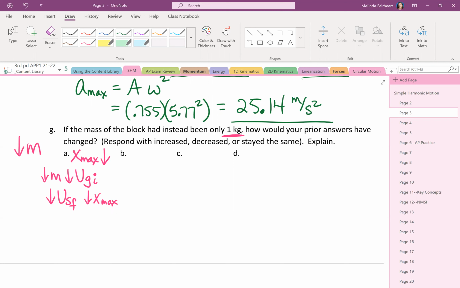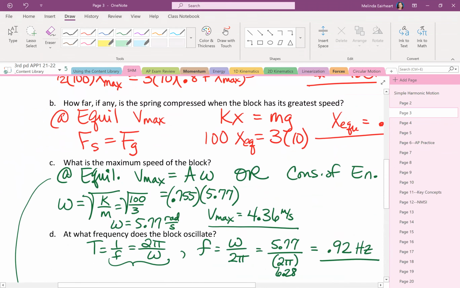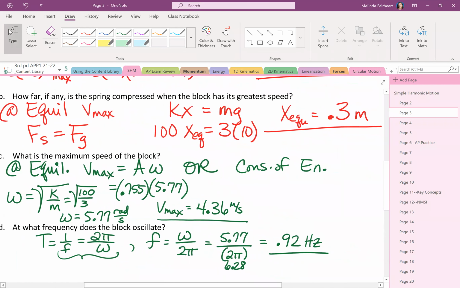What about B? B, we solved for x of the equilibrium. I'm going to scroll back up. B, we used Hooke's law, that equilibrium of forces, right? And so notice mass is there. If we have a smaller mass, we'll have less weight. There's going to be less spring force. And with the same gravity and spring constant, how much is it going to stretch?